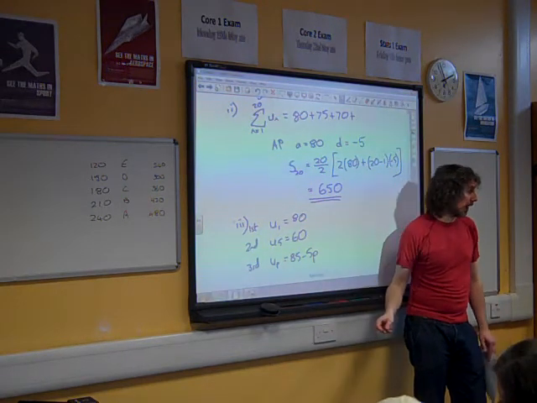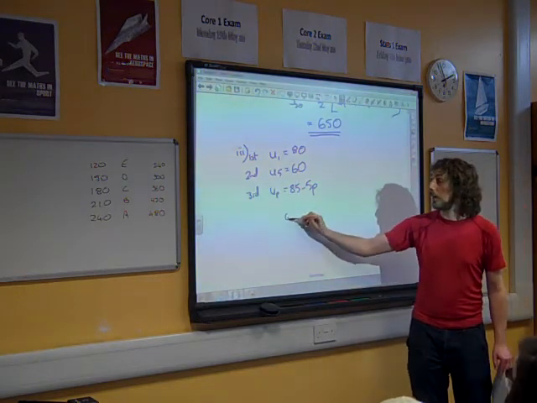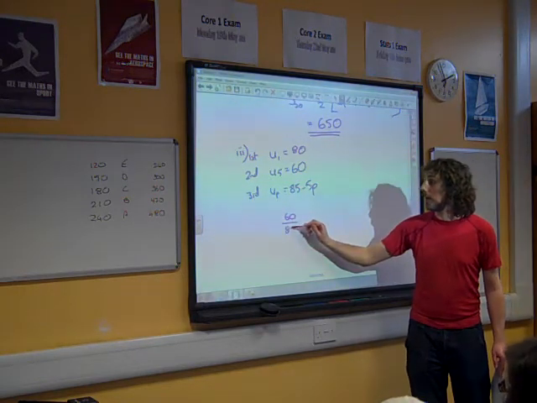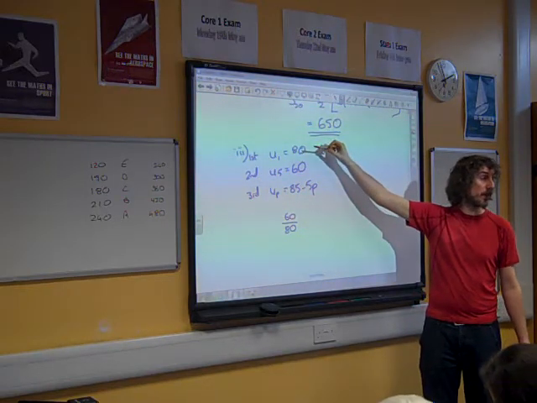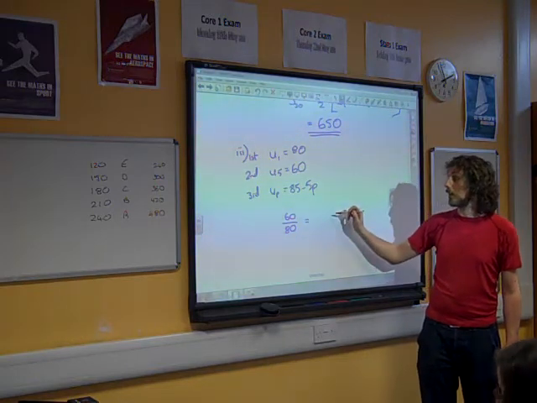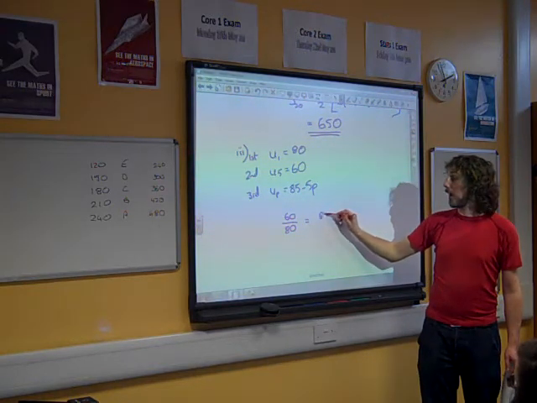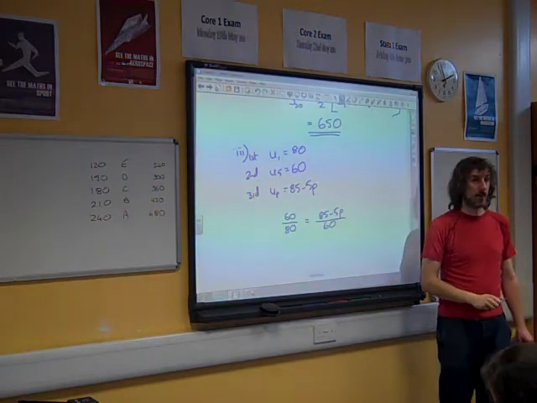And another way of saying that is that if we divide these, 60 divided by 80, so the second one divided by the first one, that gives us the common ratio. That must be the same as 85 minus 5p divided by 60.